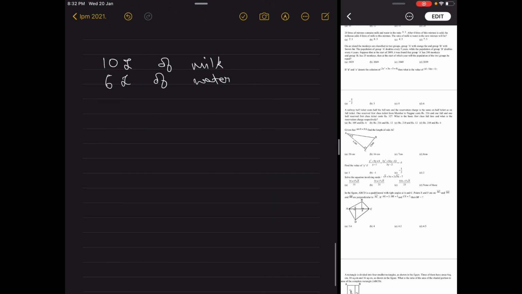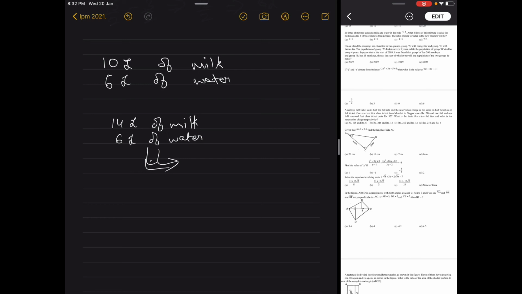But now that we have done this, in the second last statement he says that he has added 4 liters of the milk to this mixture. So with 4 liters of milk added, the new mixture would have 14 liters of milk and 6 liters of water. Now the new ratio would become, that's what they are asking, right?